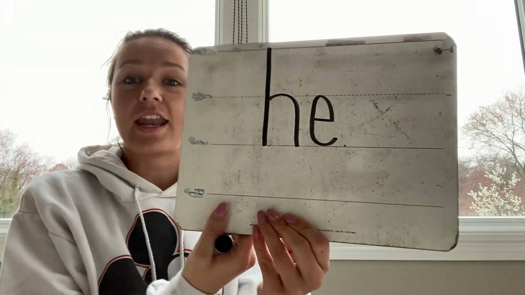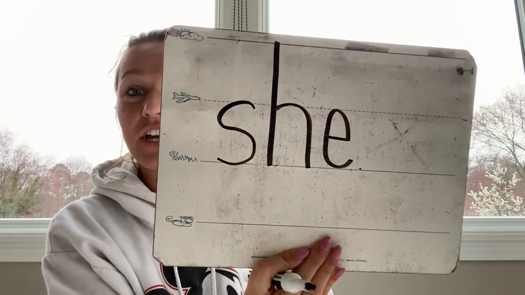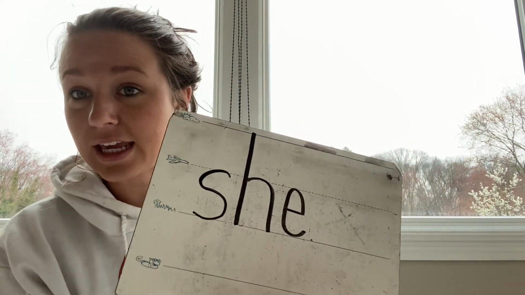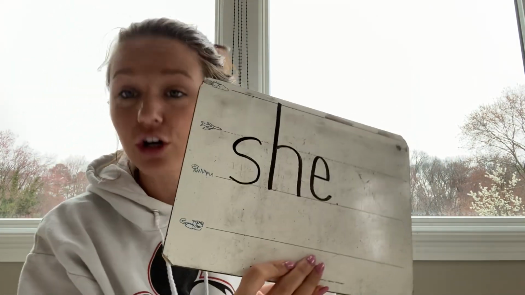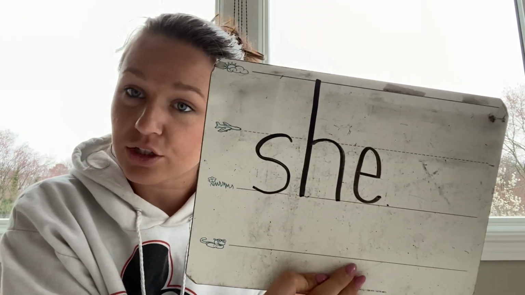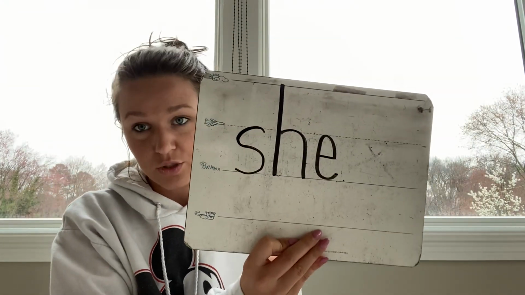All right, the next word we're gonna do is the word she. So she is kind of like he, but she is talking about a girl instead of a boy. So my sentence would change from he went to the store to she went to the store.